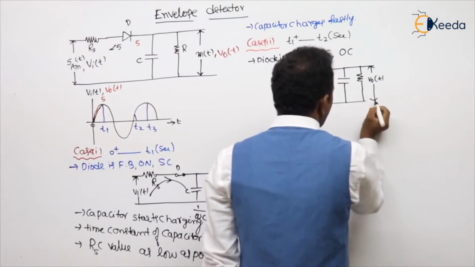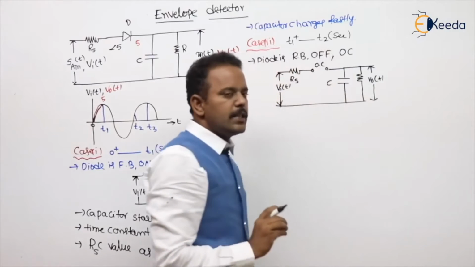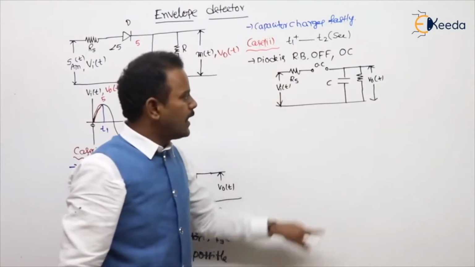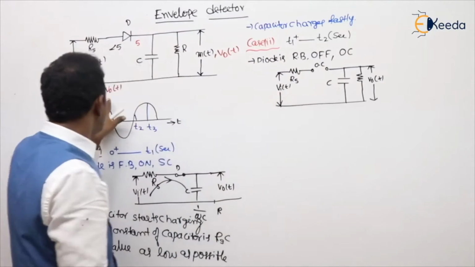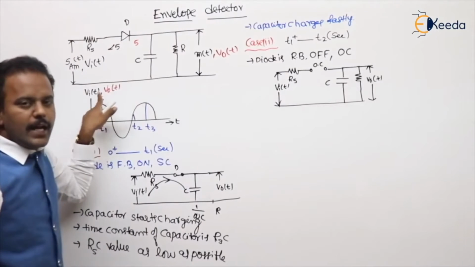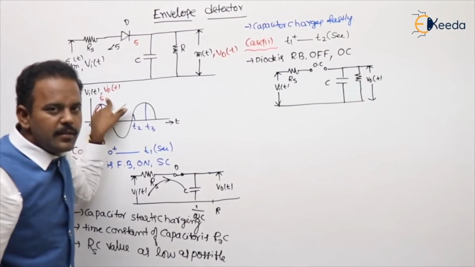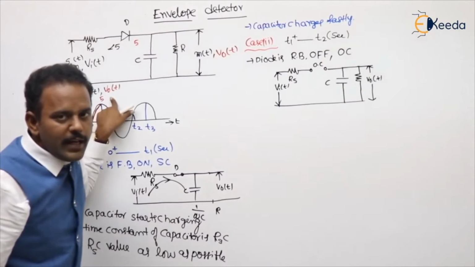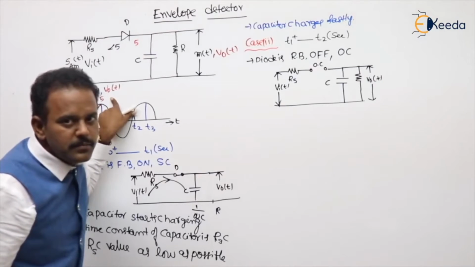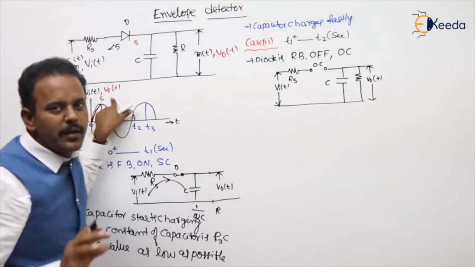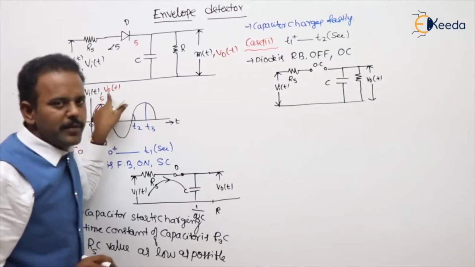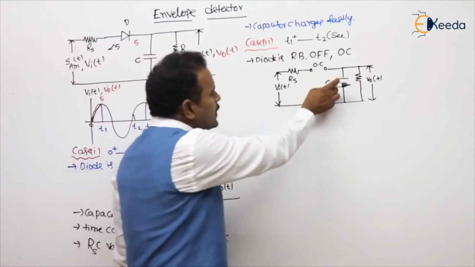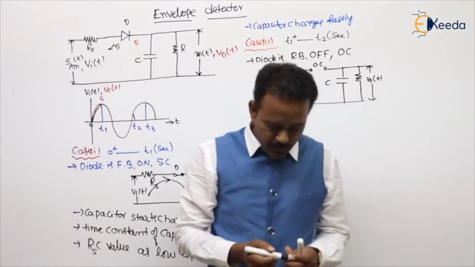Now at this point of time, is there any charge in the plates of the capacitor? Yes. The capacitor is fully charged to 5 volts. Why did I take 5 volts, sir? Please say, rather than 10 or 12. Why did I take 5? There is no meaning. For example, I take it. You got my point? So now the capacitor is fully charged.